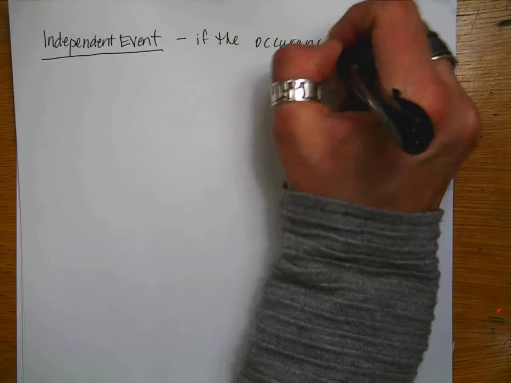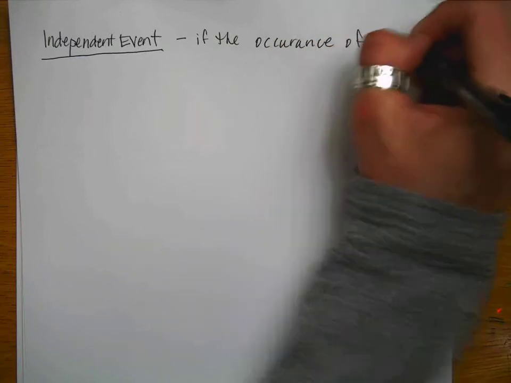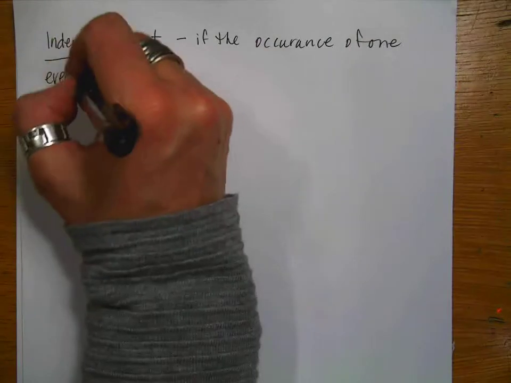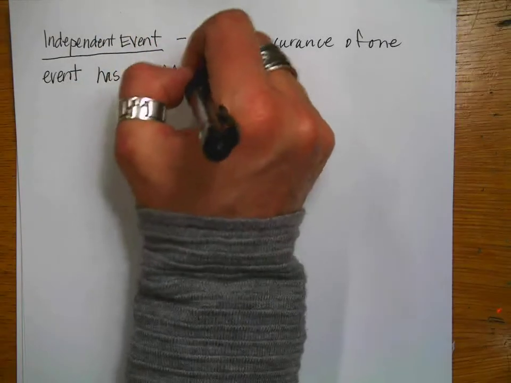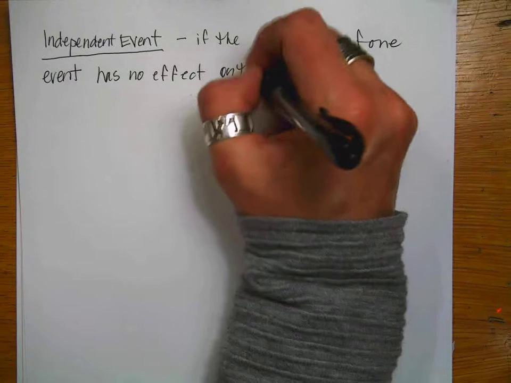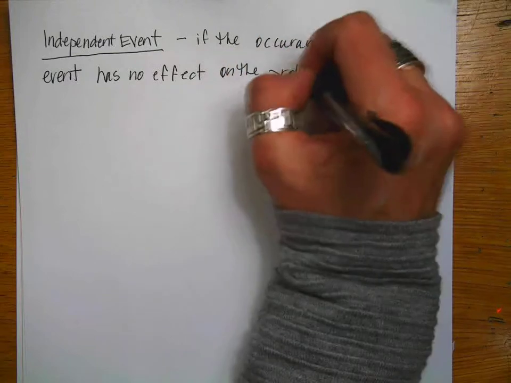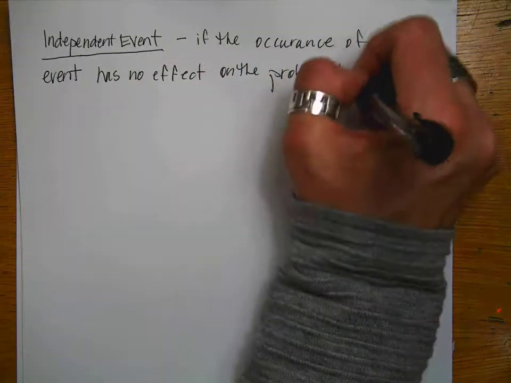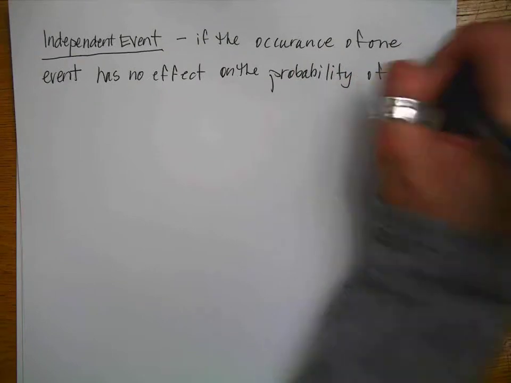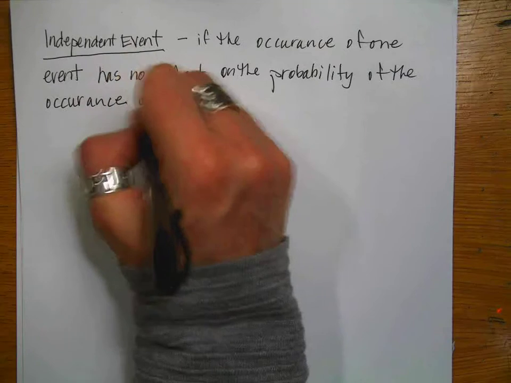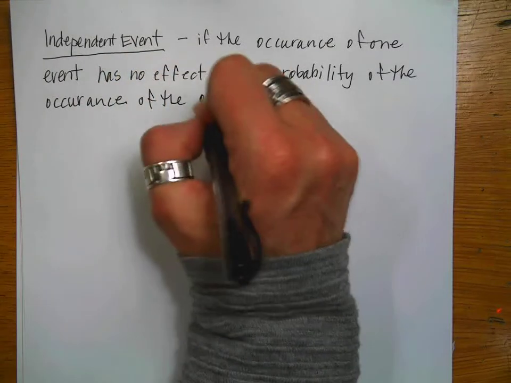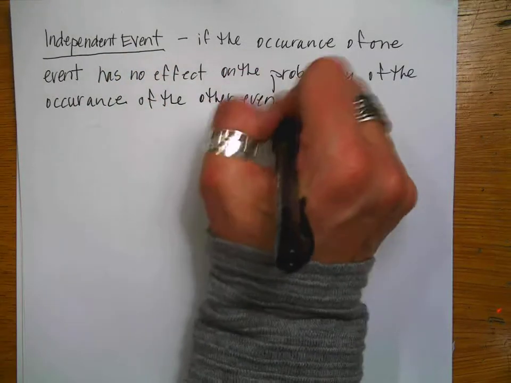It says if the occurrence of one event has no effect on the probability of the occurrence of the other event.